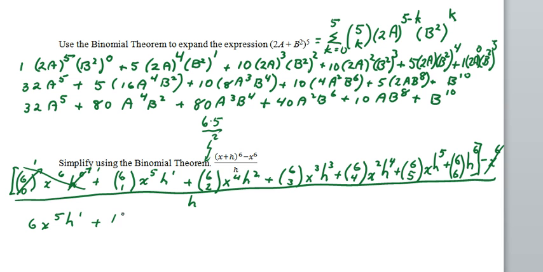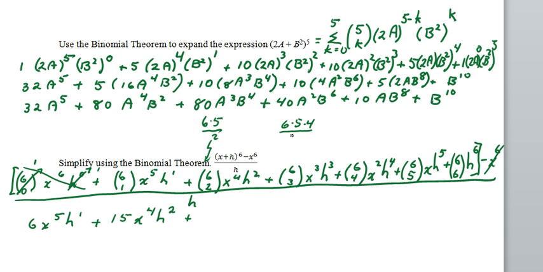This would be 15x to the fourth h squared, plus 6 over 3, which is 6 times 5 times 4 over 3 factorial, 3 factorial.